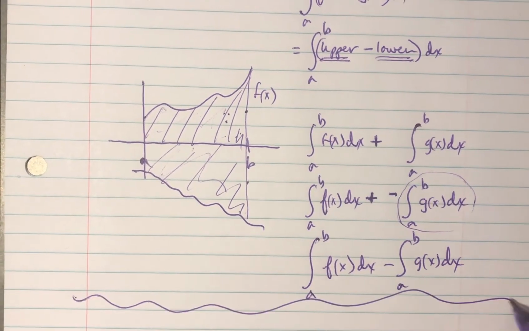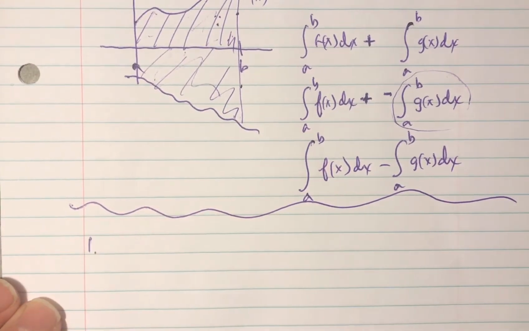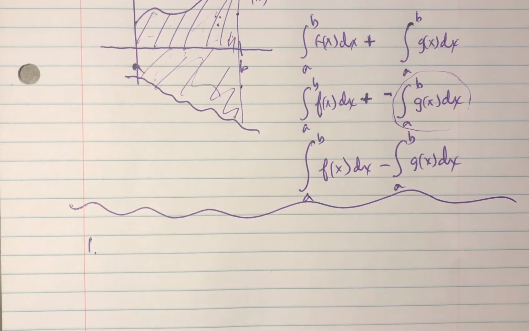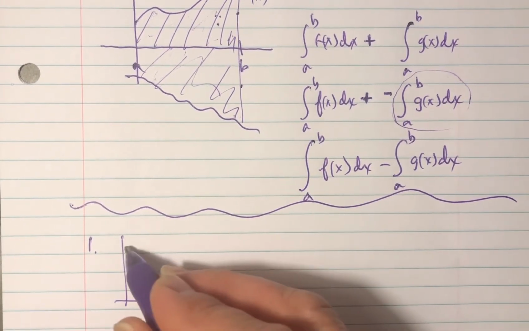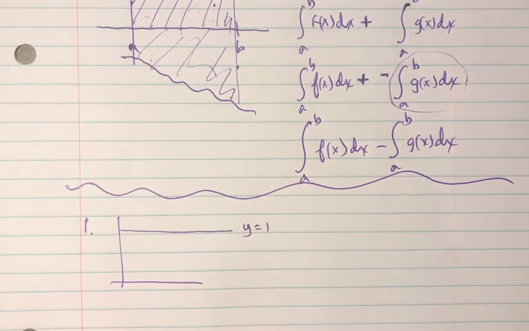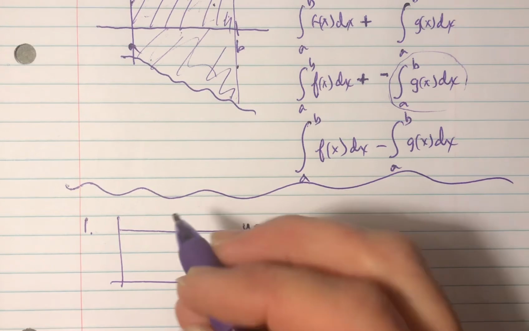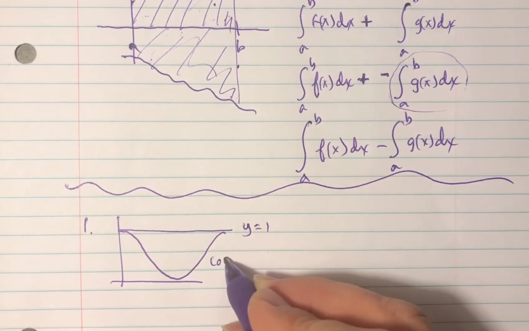Let's now turn to some of these problems. In number one, we have one function y equals 1, and then we have another function cosine squared x. So we have cosine squared x here.